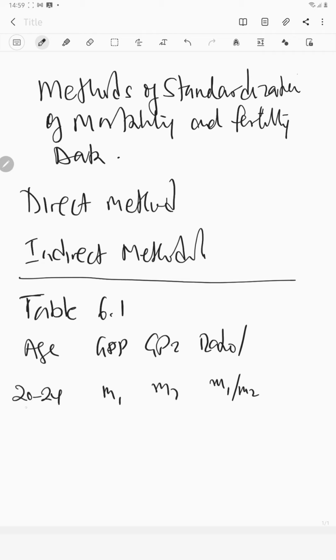So at the end of the day, you divide, and you can say Mi over Mk, so that in the long term you're able to determine the ratios.